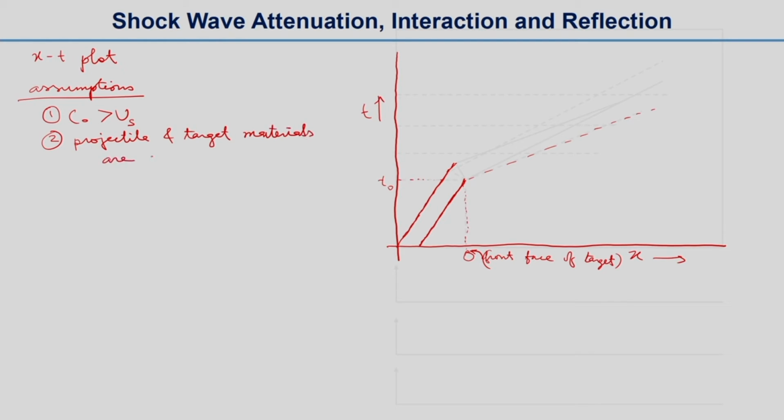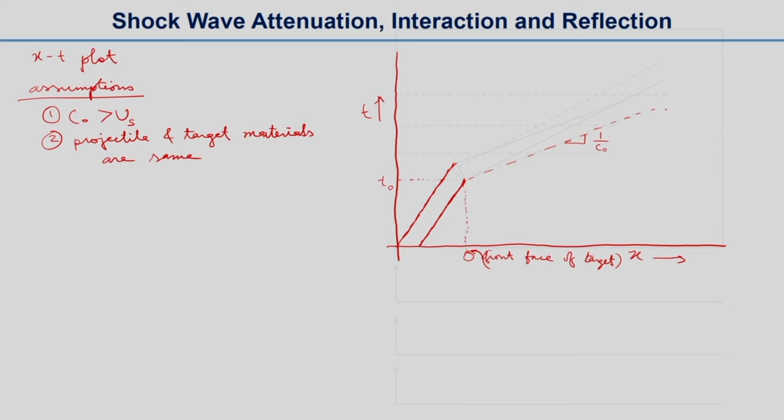Materials are same. So, this plot is t versus x. That means the slope of these curves, whatever I have drawn, the dotted line, the slope is the inverse of the velocity. So, this is 1 by c naught, that is elastic wave velocity.